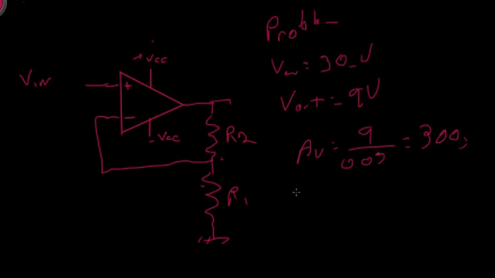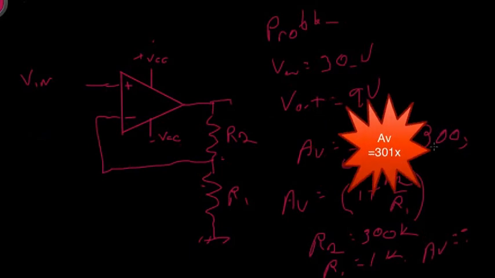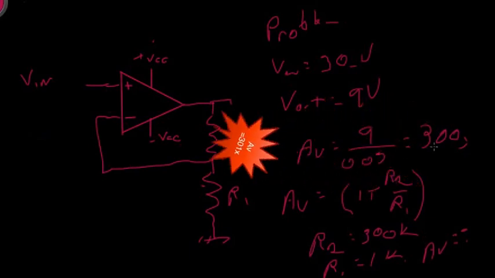I can achieve that if A sub V is equal to 1 plus R2 over R1. That's pretty easy to achieve if I let R2 equal 300 kilohms and R1 equal 1 kilohm, and I would have my design. You'll notice my actual AV is going to be 301, but that is a very low percentage error.